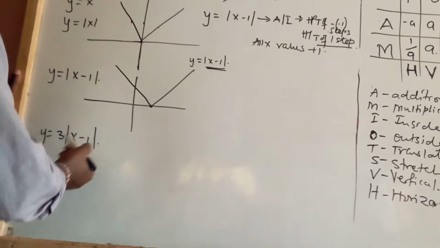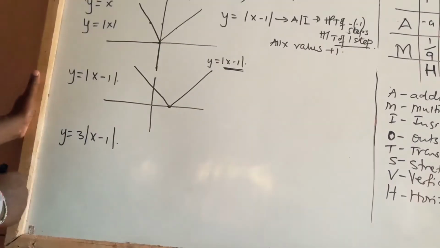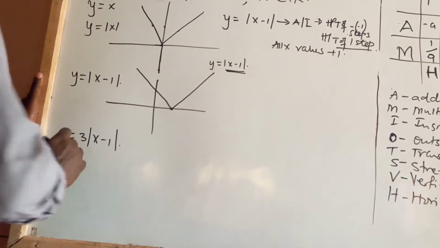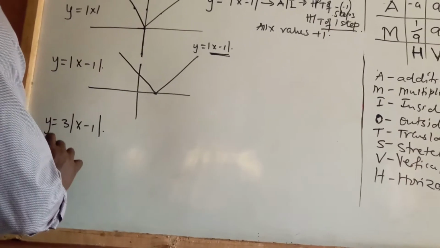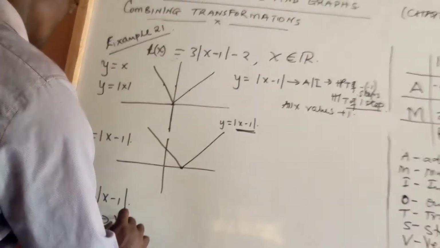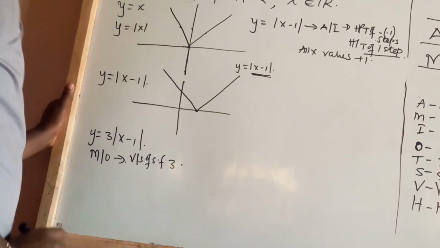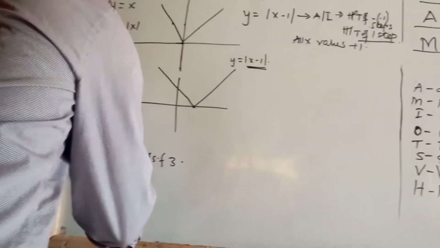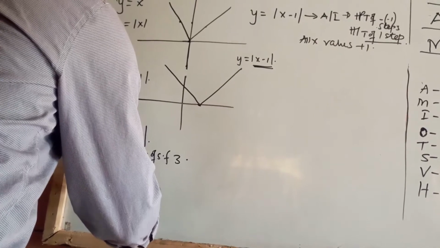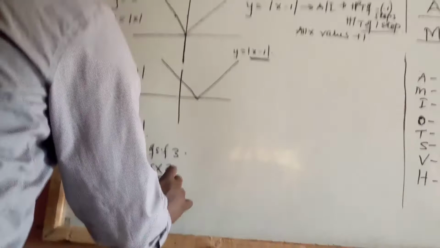This is multiplication outside, and multiplication outside is a vertical stretch of scale factor 3, because our a is 3, meaning that all y values are multiplied by 3.